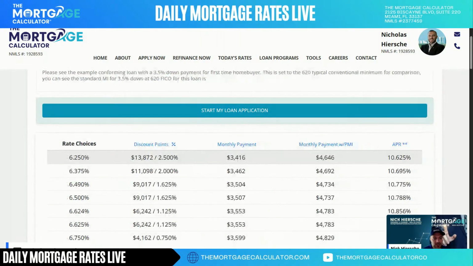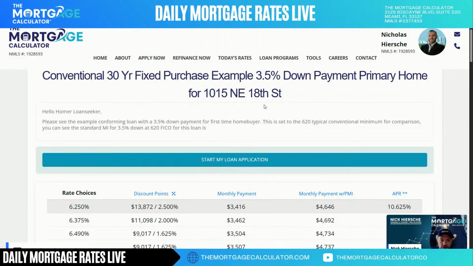But there's a very drastic difference when we have a lower FICO borrower. Definitely want to try to switch to FHA. That borrower saves over $1,000 per month on their monthly payment. Definitely probably help that family a whole lot.